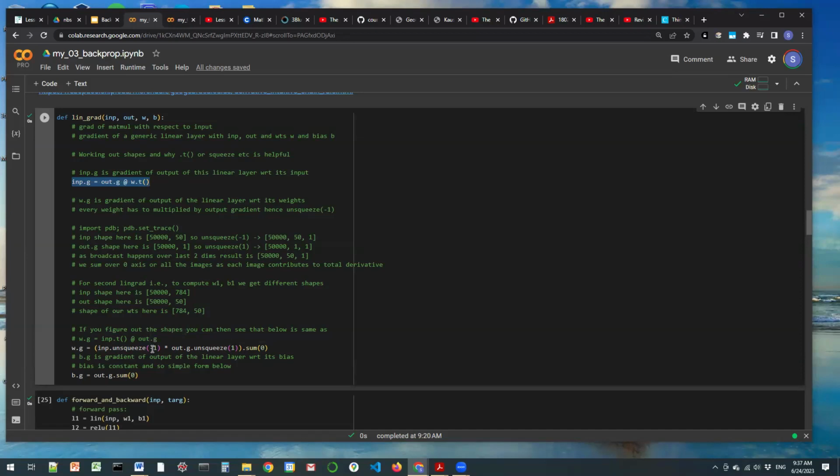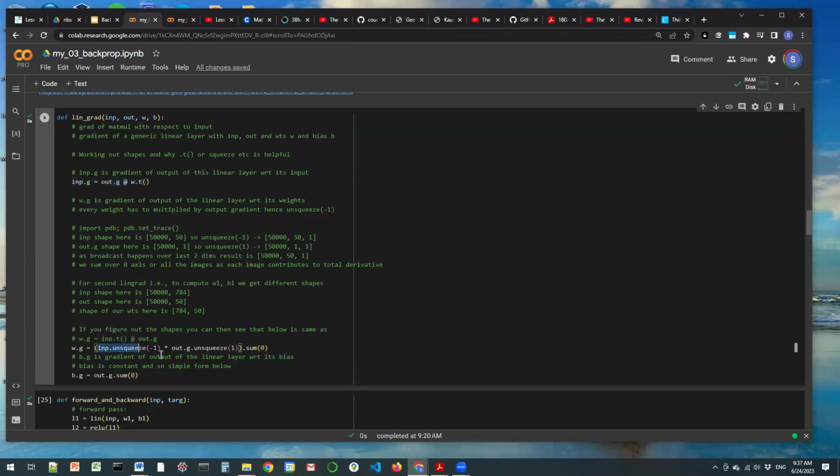I highly encourage you to print out the shapes of the input and the output before you unsqueeze, and then unsqueeze as stated here and see how the shapes change.